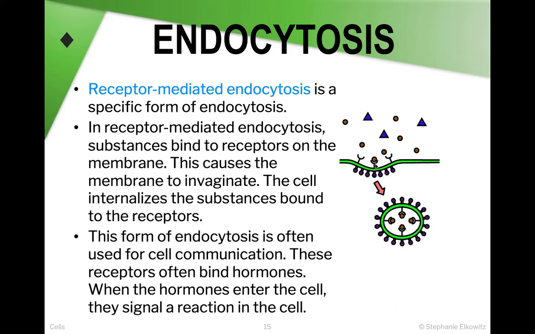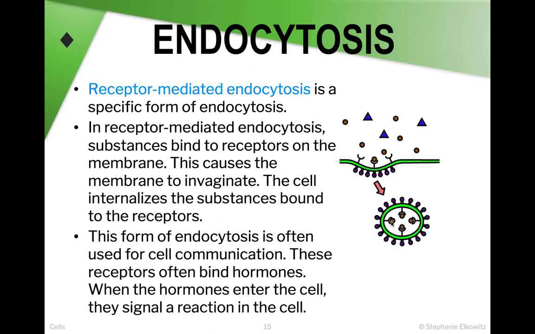Once these receptors are full and they have what they need, it makes the cell invaginate. Remember, it turns into a bag. The cell then takes in the particles into a little bag as it holds onto it with the receptors.